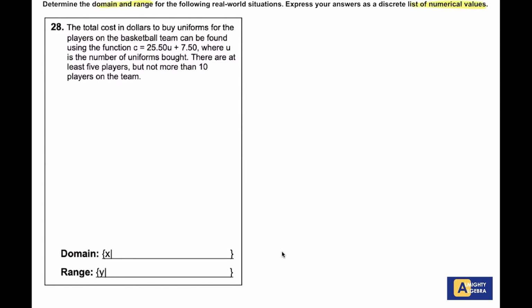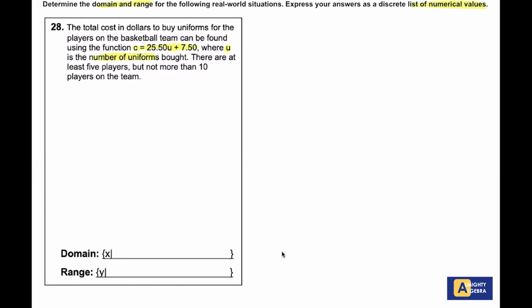I'm going to read the word problem to you, and we're going to highlight what's important as we go. Number 28 says, the total cost in dollars to buy uniforms for the players on the basketball team can be found using the function C equals 25.50 U plus 7.50, where U is the number of uniforms bought.